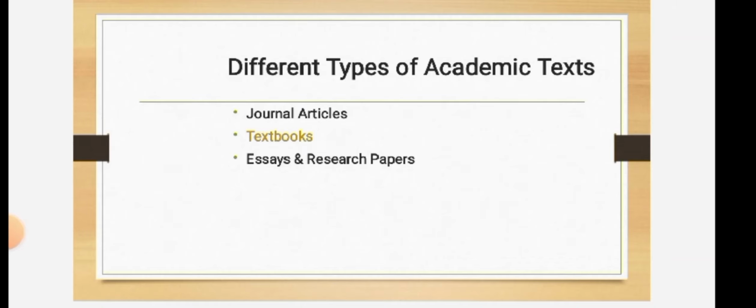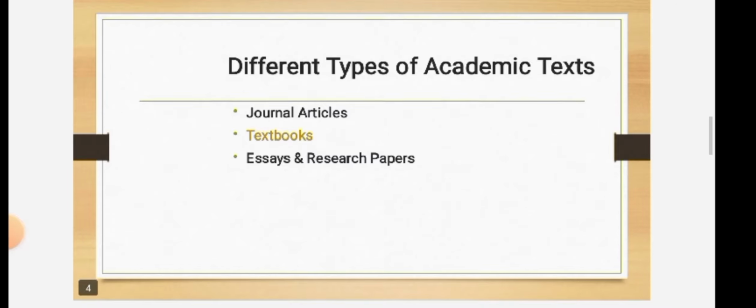In essays and research papers, authors present arguments backed by evidence and analysis. They typically include an introduction, which presents the thesis statement; body paragraphs, where each body paragraph supports the thesis with evidence and analysis; and last one, conclusion, which summarizes the key points discussed in this particular essay or research paper.